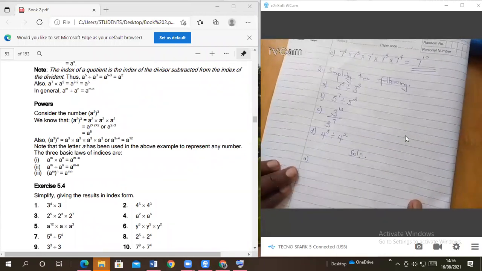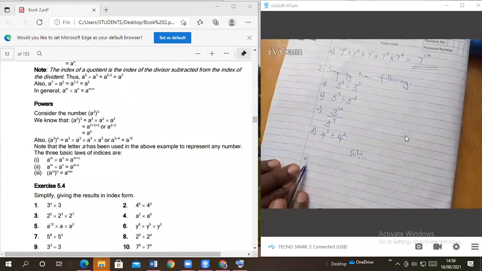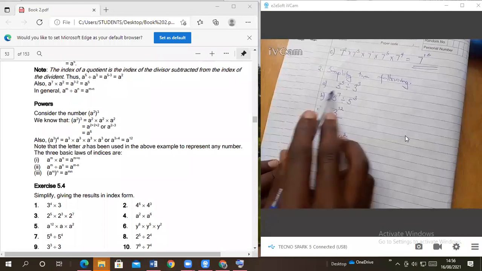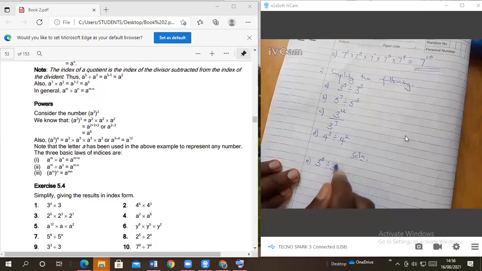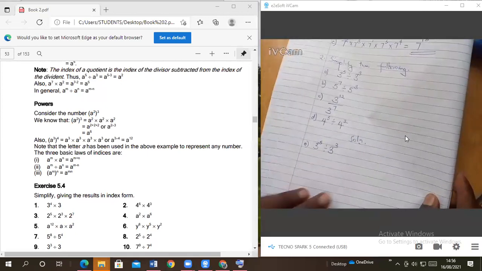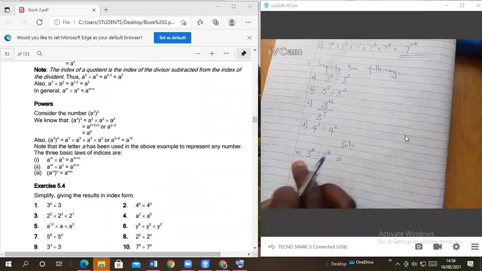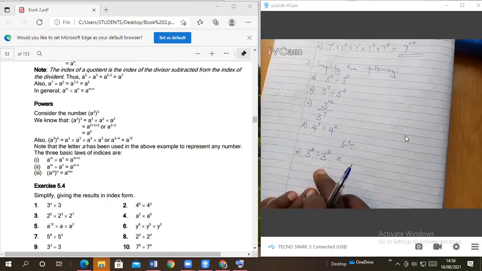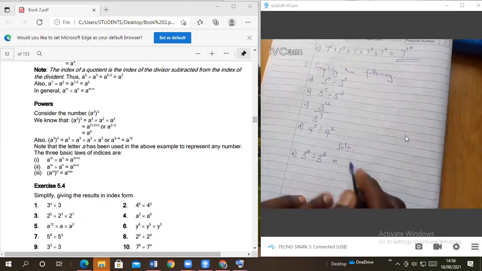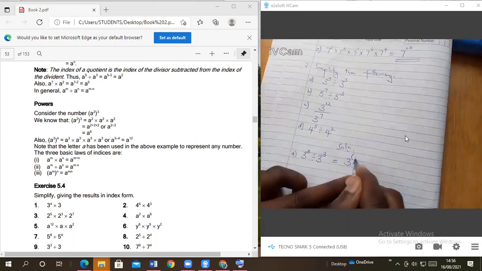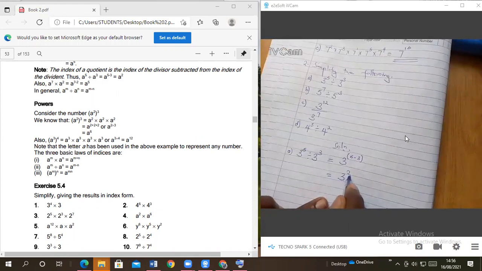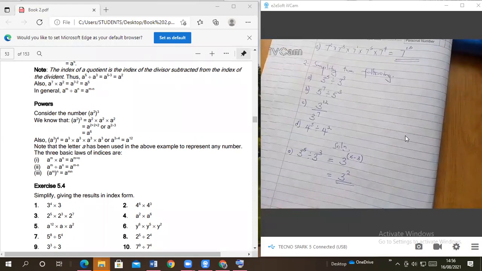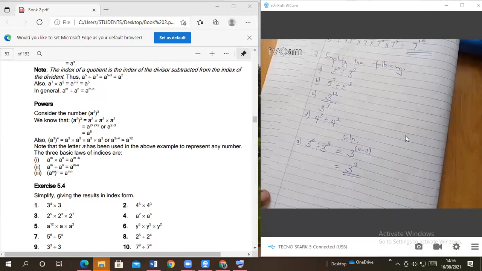When you look at the first one, we have 3 to the power 5 divided by 3 to the power 3. According to the law, since they have the same base, we just subtract the powers. So it will be 3 to the power 5 minus 3, which gives us 3 to the power 2.